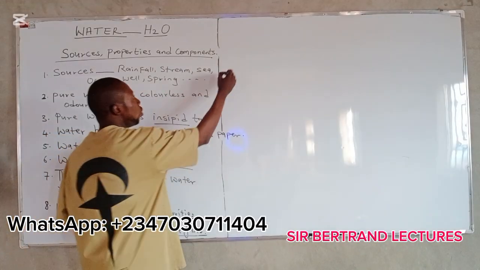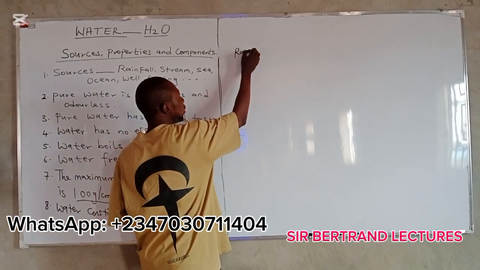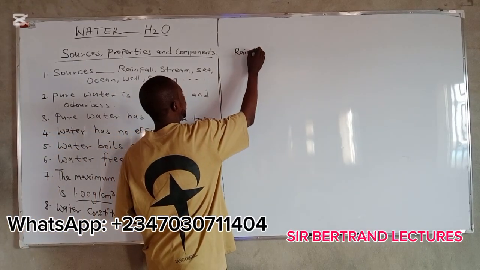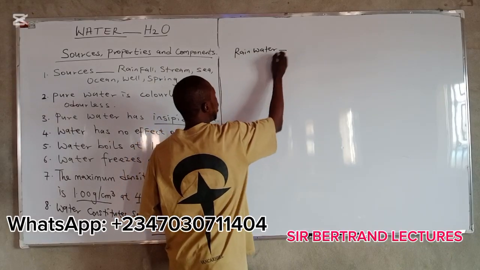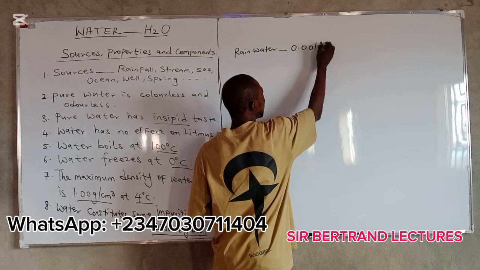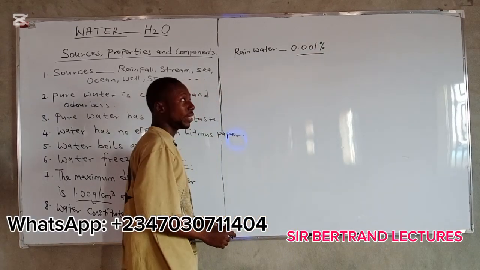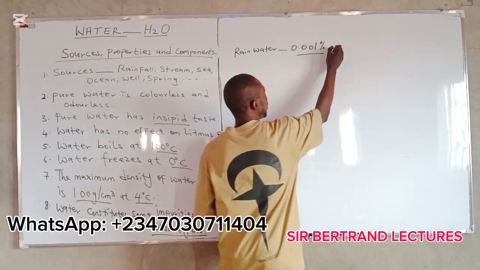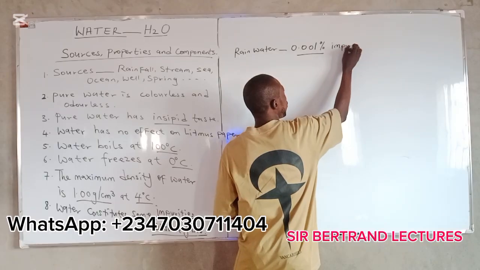Take for example, rainwater here. Rainwater consists of about 0.001% of impurities. All right?